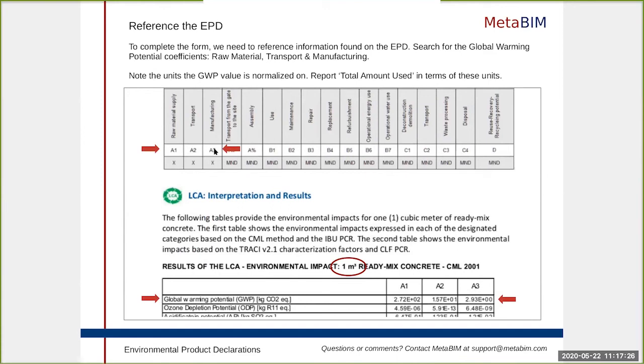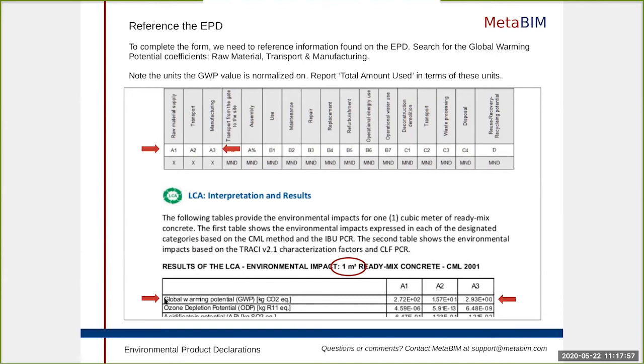This is the most broken out that you'll see GWPs reported for an environmental product declaration. Looking further down the EPD, we can see the results of the life cycle assessment here, letting us know what units this particular environmental product declaration has been standardized on. So when we report this particular EPD, we want it to be in terms of meters cubed.